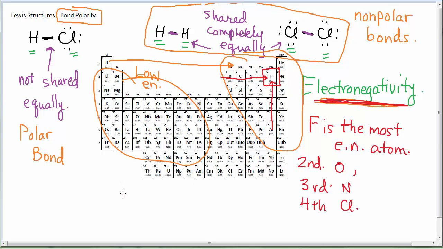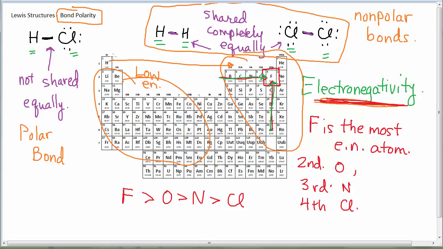And so we see fluorine is the biggest electronegativity, oxygen is second, nitrogen is third, chlorine is fourth, and then anybody else on the periodic table is going to have a smaller electronegativity than these four, and you can figure out the relative strength by looking to see whether or not they are higher, lower, left, or right on the periodic table as you compare them.